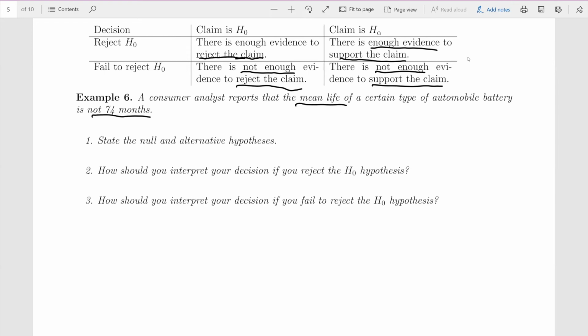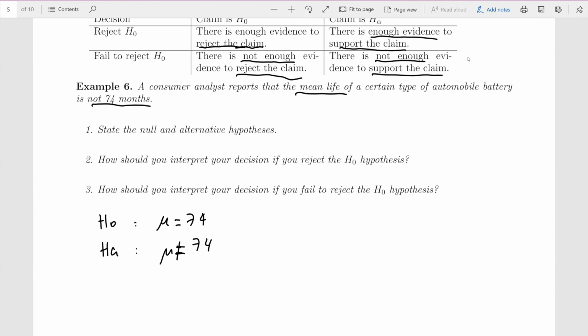First, state the null and alternative hypotheses. The claim has to be in the alternative, with not equal to, and then the null is equal to. Okay, so those are the null and alternative hypothesis statements. The question is, how should you interpret your decision if you reject the null hypothesis? And we know that this is the claim, right?